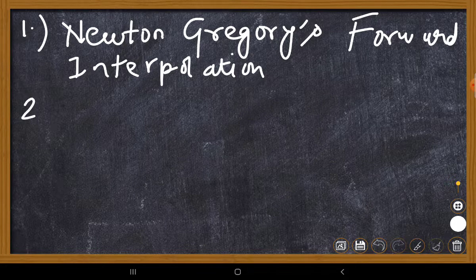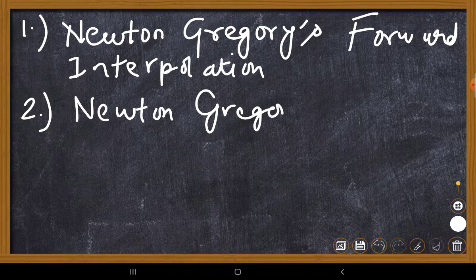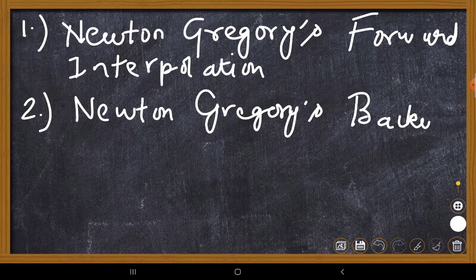The second one is Newton-Gregory's backward interpolation formula, or backward interpolation.